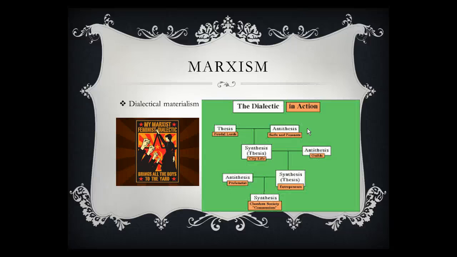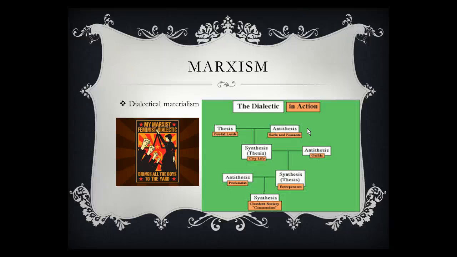That profit is stolen by the bourgeoisie. Marx is going to believe, just like Proudhon, whom we studied with French socialism, that profit should be shared. Marx is going to say that socialism is inevitable, that capitalism contains the seeds of its own destruction: overproduction, unemployment, etc., all of the evils.